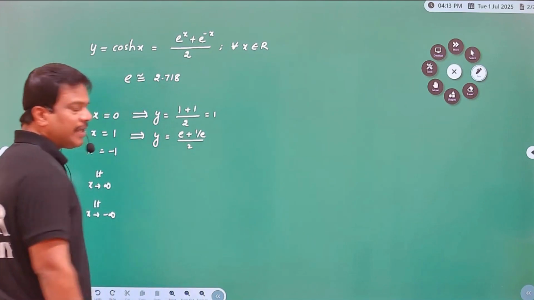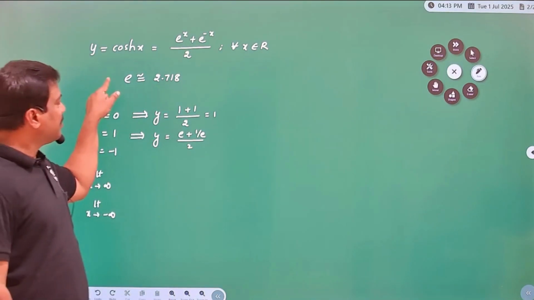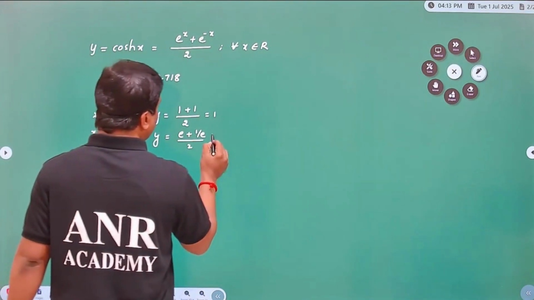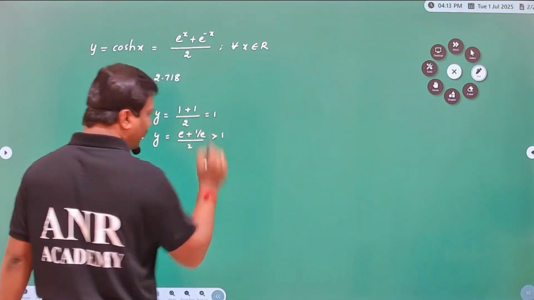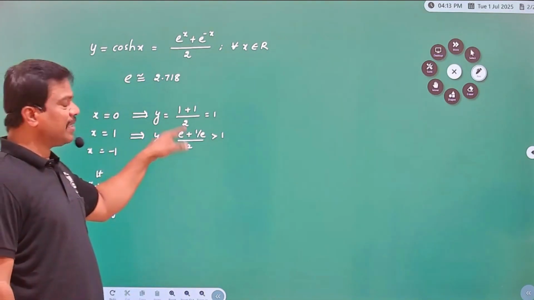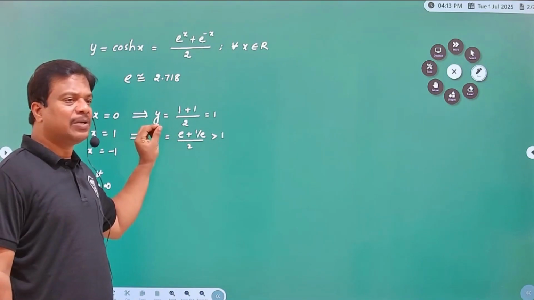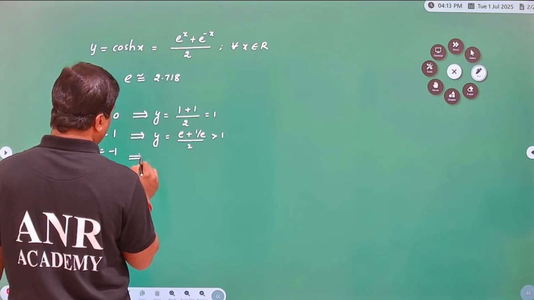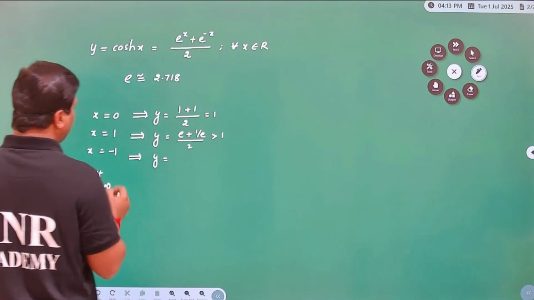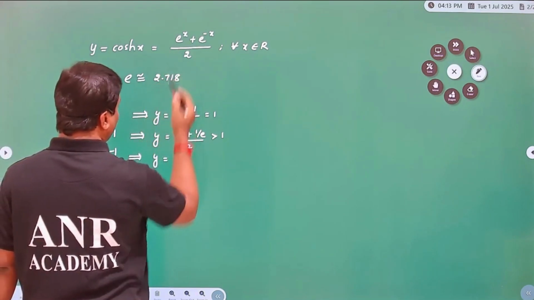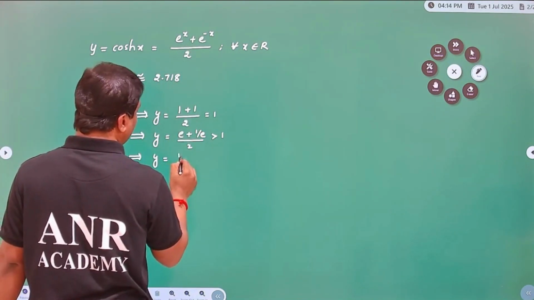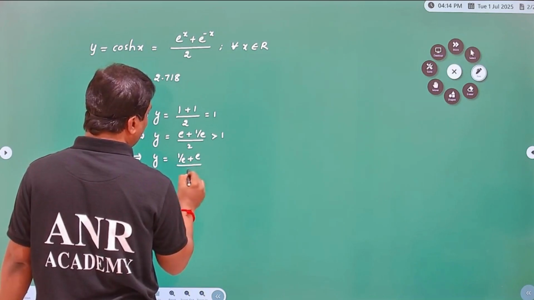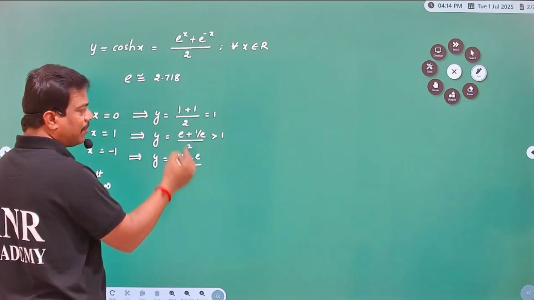After substituting the value approximately 2.7, it gives a result more than 1. 2.7 plus 1 by 2.7 whole divided by 2 gives a result more than 1. Next, in case you write x value minus 1, what happens? e power minus 1, that is 1 by e, plus e power minus of minus 1, e, whole divided by 2. These two are the same, so again more than 1.